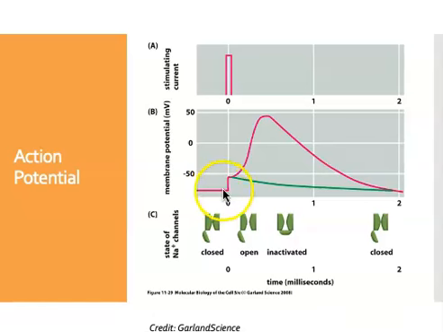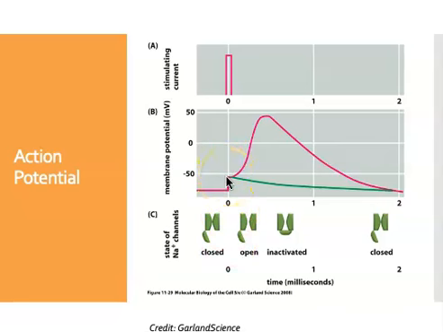At rest, the sodium channels are closed. At minus 60 millivolts, the sodium channels are closed. When the stimulus is applied, and the membrane potential starts to go up, it starts to become less negative, the sodium channels are going to open when it hits a particular threshold voltage. Now what happens?